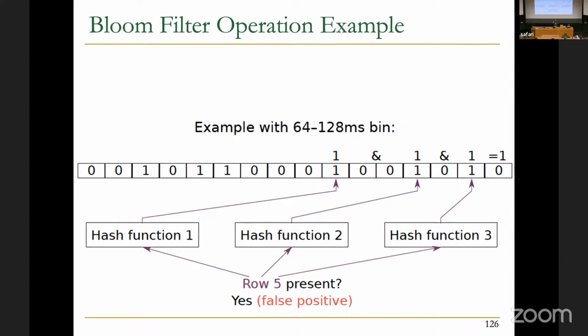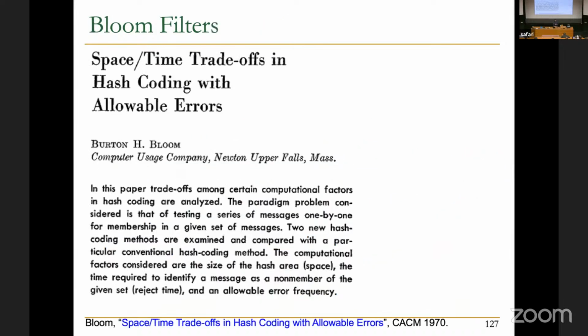So even though row 5 was not inserted into the set before, because of aliasing, different rows can map to the same bit. As a result, you can have a false positive. In this context, a false positive means that row 5 does not need to be refreshed every 64 milliseconds, but you conclude that it does.